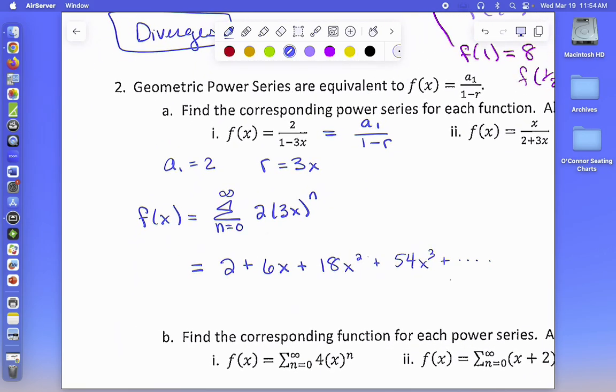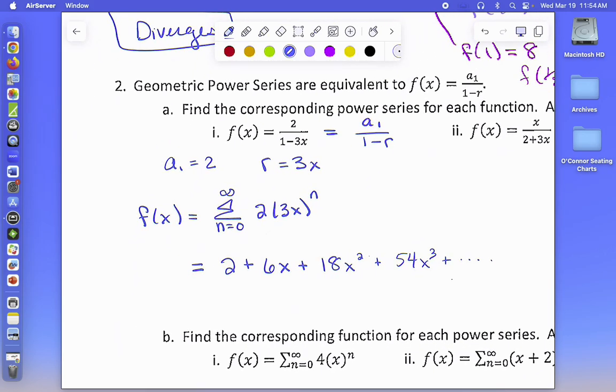Let's talk about the radius of convergence. So what are the rules for geometric series for the radius of convergence? In order to converge, the r value has to be between -1 and +1, right? Yes. So we knew that -1 is less than 3x is less than +1.